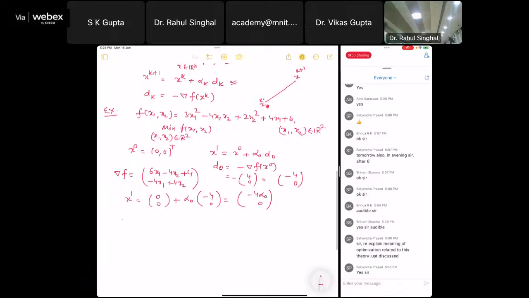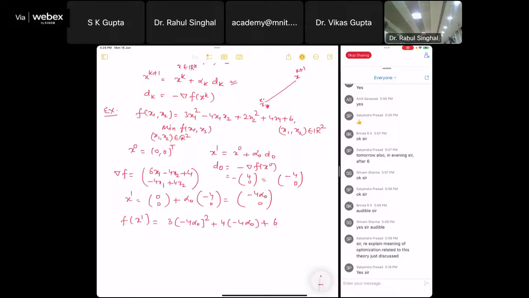So what is f of x1 now? You replace x1 by minus 4 alpha naught and x2 by 0. So this will be 3 into minus 4 alpha naught squared, this is 0, this is 0, plus 4 times minus 4 alpha naught plus 6.